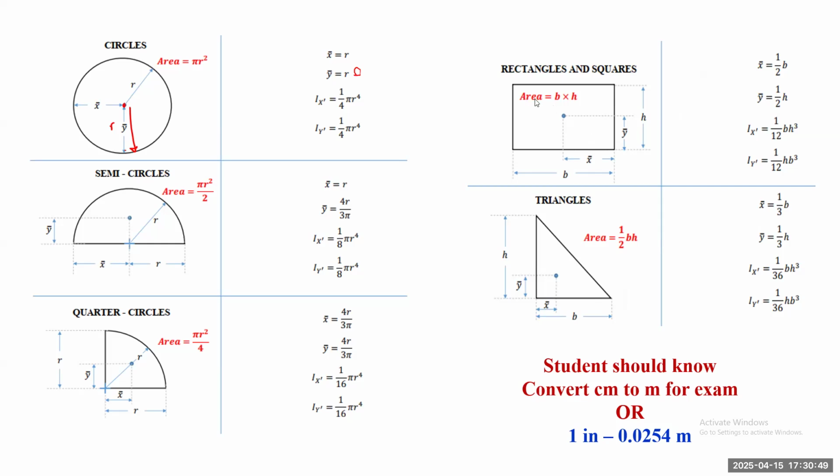And for the rectangle, see it up here: 1 upon 12 B H cubed, remember? And sometimes they reverse the order when we're doing the y-axis. The H becomes the B, and they switch places.